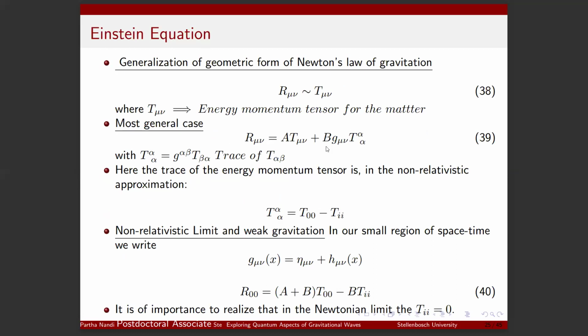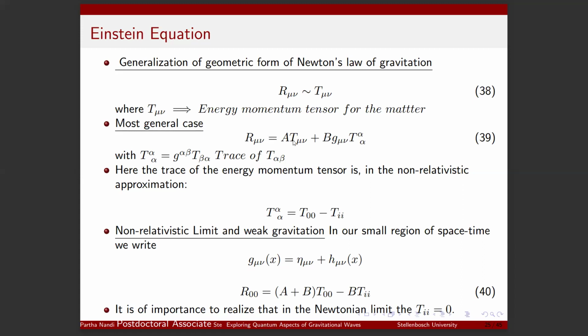And the moment you fix these arbitrary constants, the point is, why do we need the non-relativistic limit? Because we want to get back the Newtonian gravitational theory. Newtonian gravitational theory is just R00 and T00. So our generalized theory should reproduce the Newtonian gravitational theory in some particular limit.